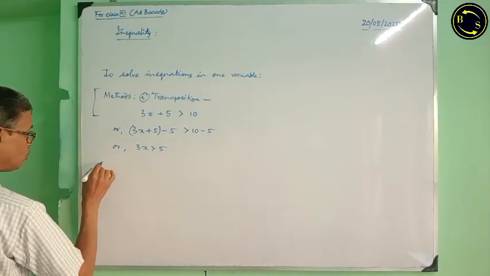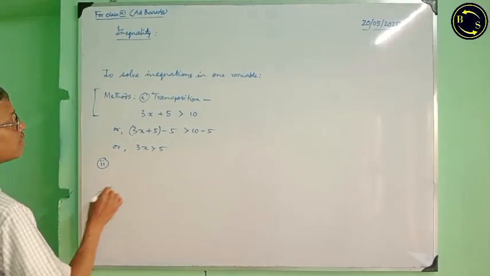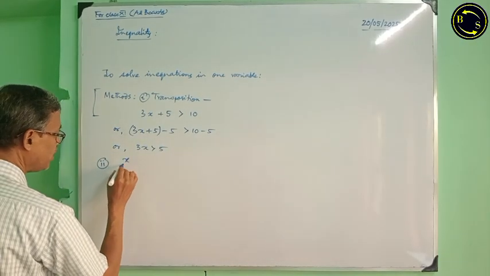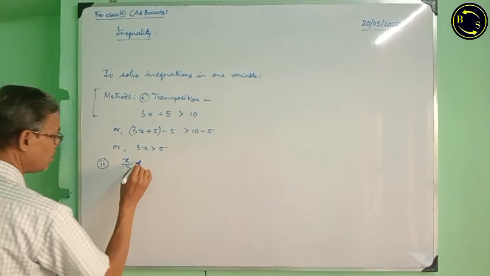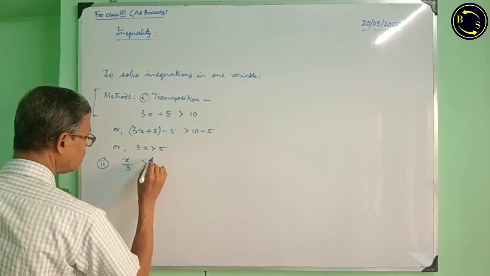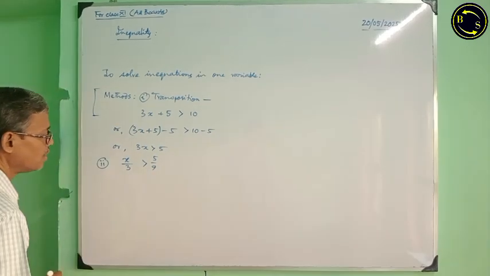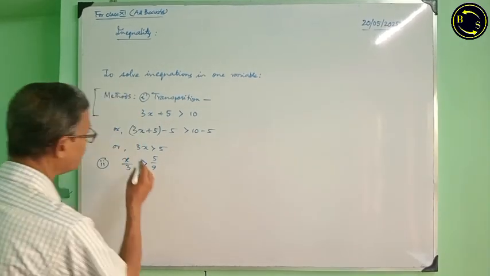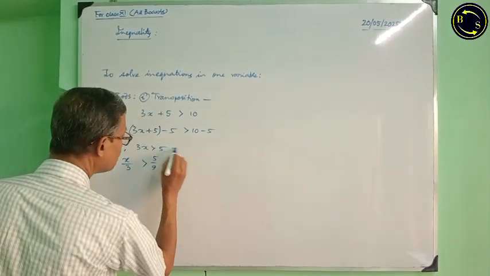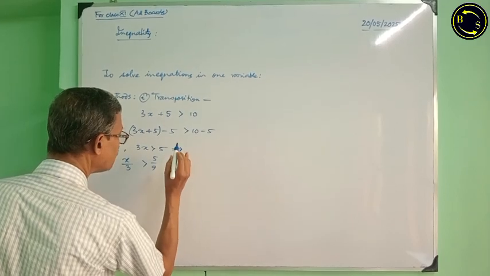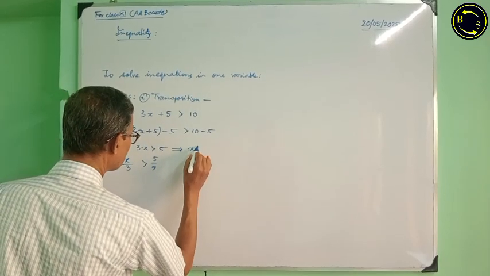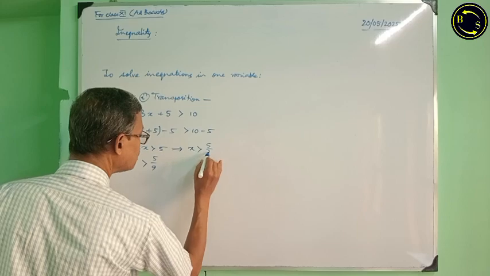Then number 2. Say the inequation is like this: x by 3 greater than 5 by 9. Now from this step, the later step will be x greater than 5 by 3.